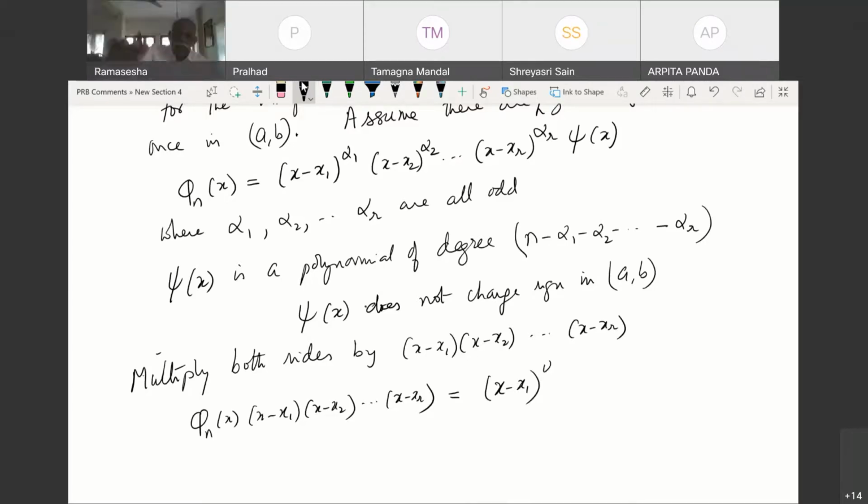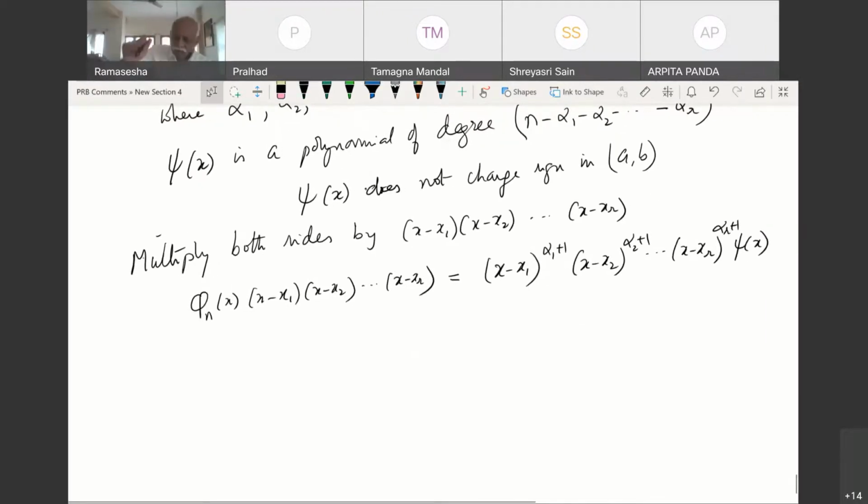Okay, and what I'll do is then multiply both sides by w x dx and integrate from a to b.